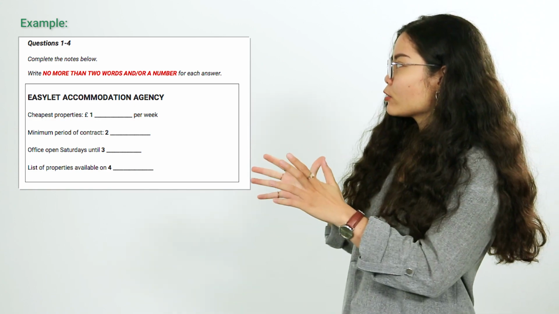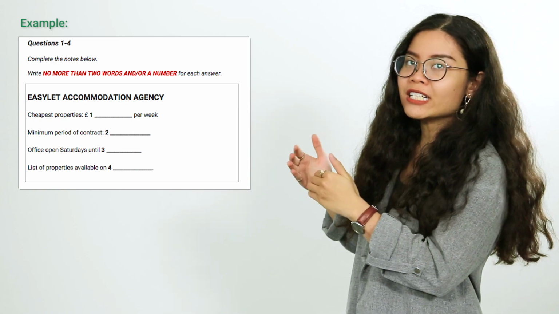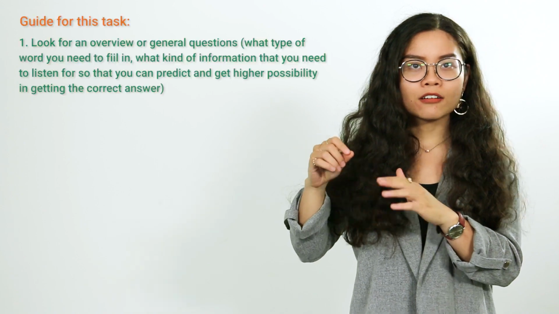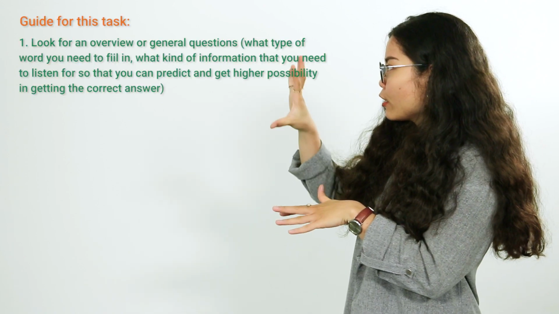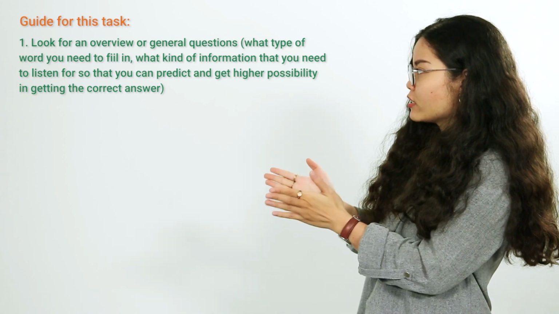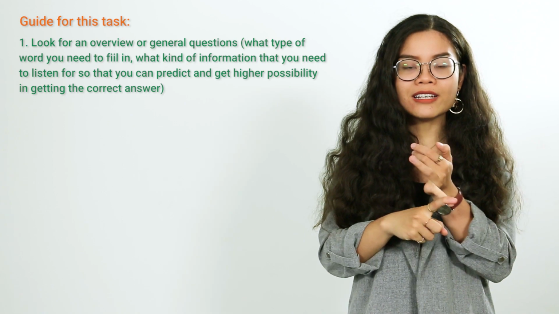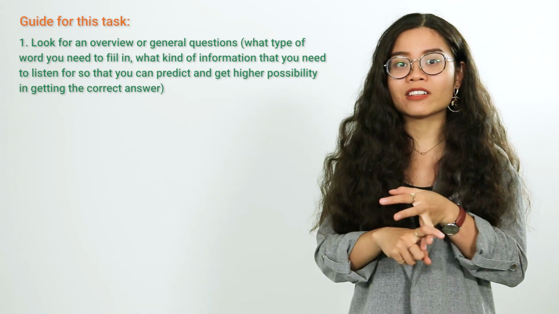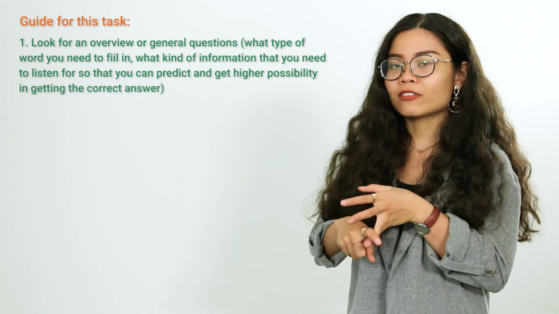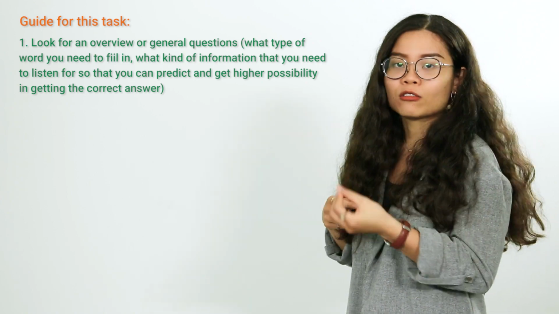So technically, in general, you'll see that there will be four questions you need to answer, right? So as a guide for this kind of task, first you need to look in overview. You need to overview all of the four questions over here. What type of words you need to fill in, what kind of information you need to listen for, so that you can predict and have a higher possibility of getting the correct answer.